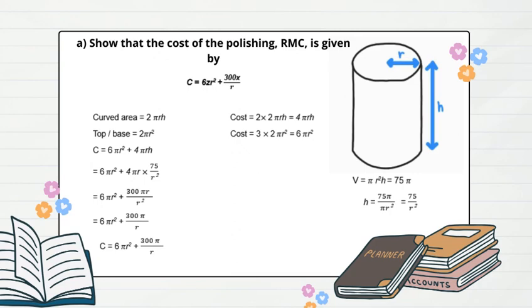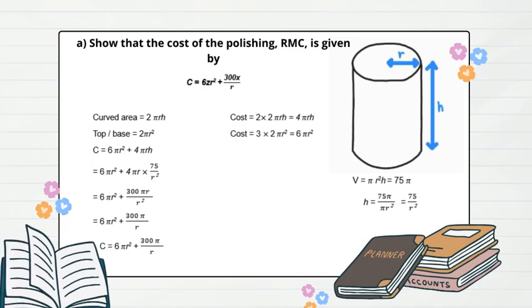Then it told us that the cost of polishing the surface area of this cylinder is 2 ringgit per centimeter squared and 3 ringgit for the circular top and base area, given that the radius of the cylinder is r centimeters. Show that the cost of polishing C ringgit is given by that.